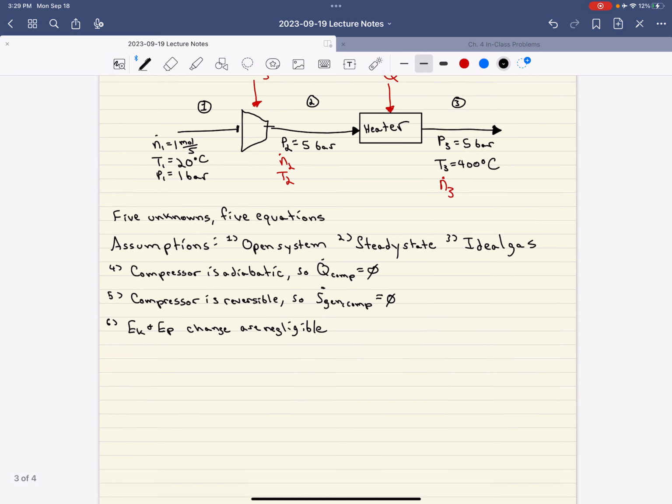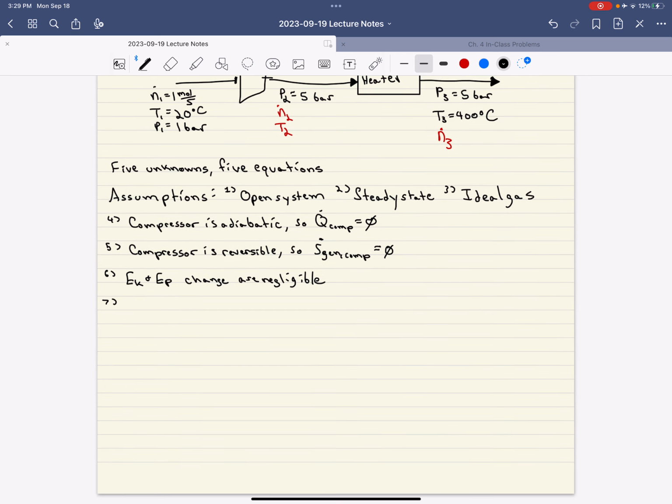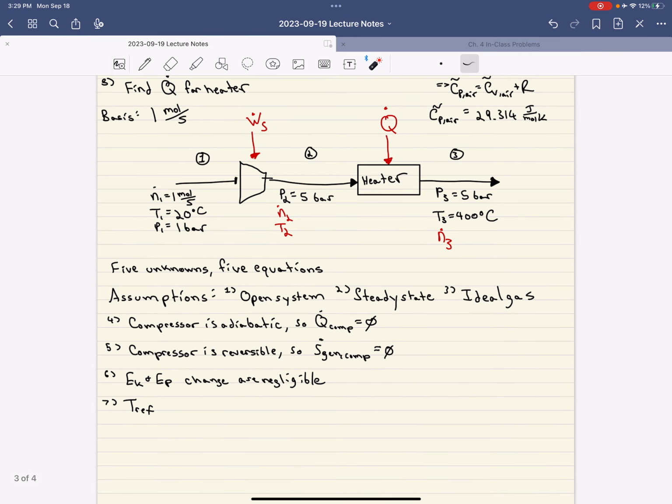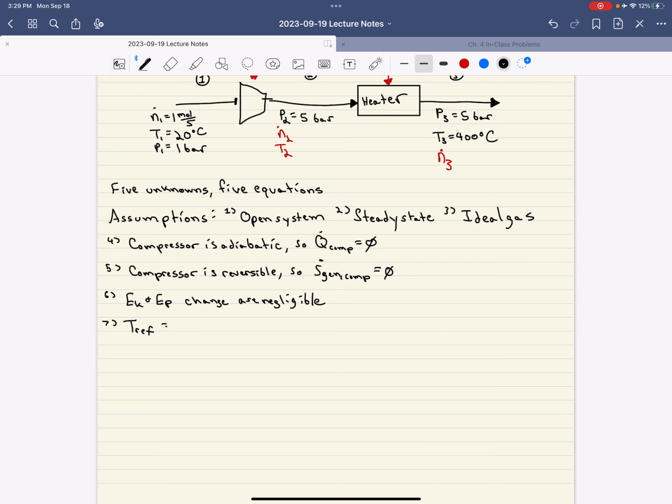When it comes to our reference states, we're just going to use the inlet conditions for the entire process. So Tref is equal to T1, Pref is equal to P1, and our reference phase is that of a gas.